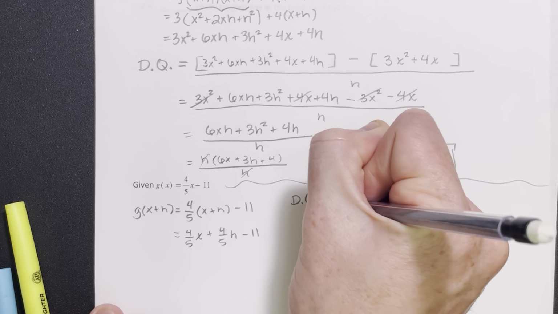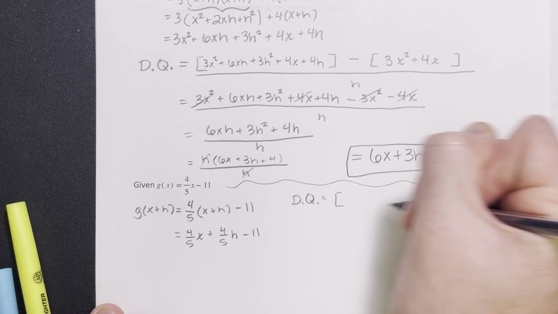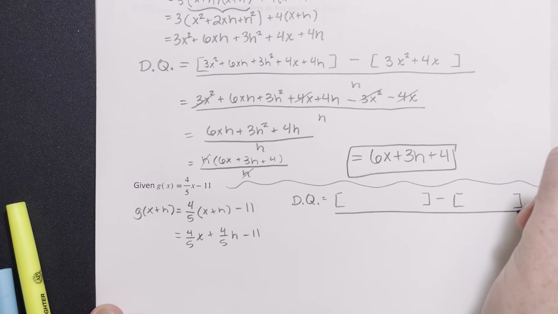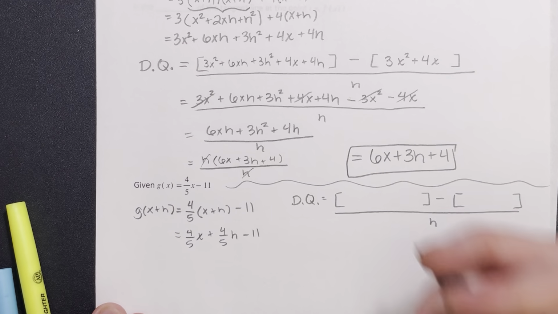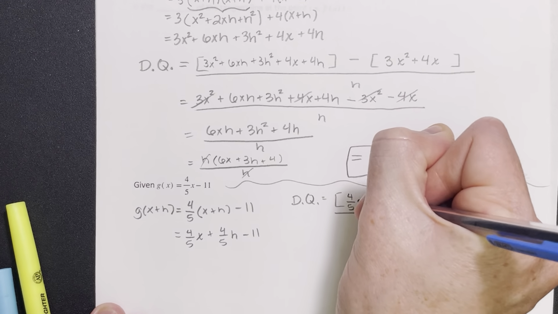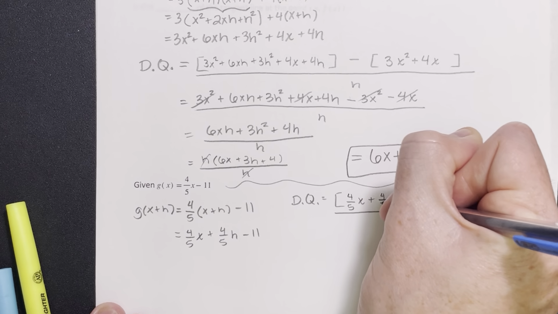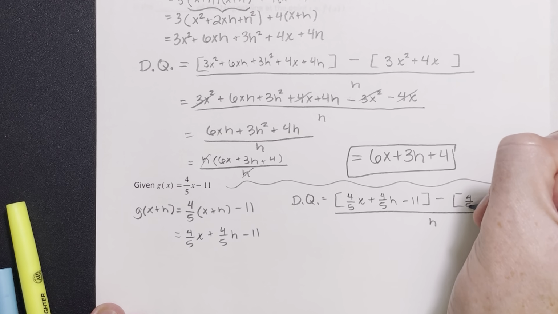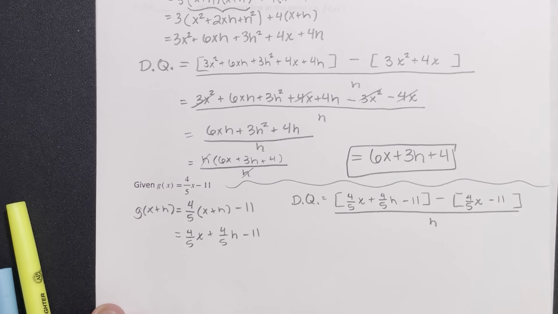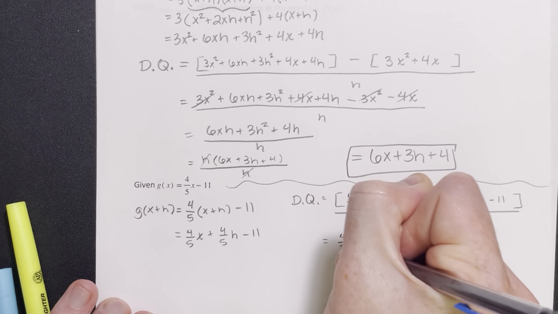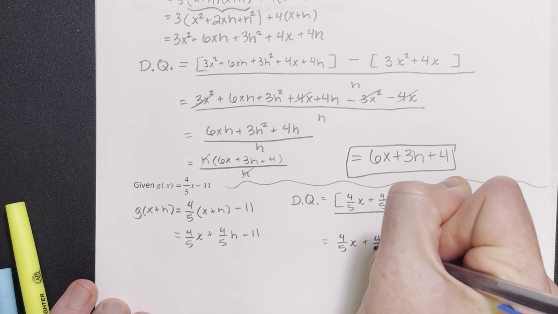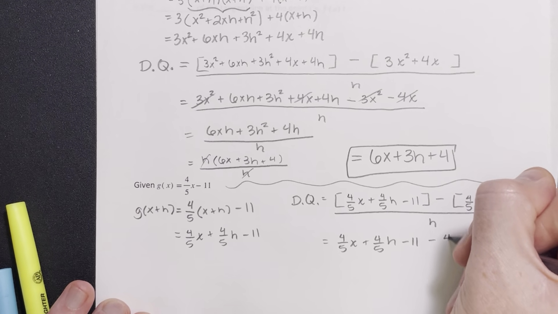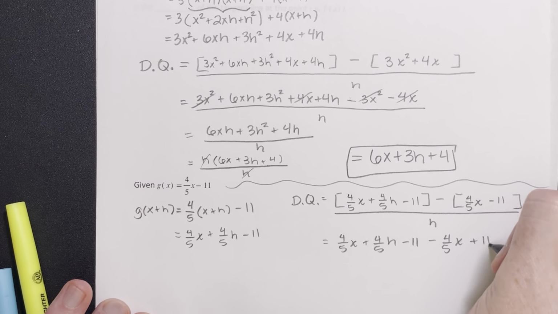So our difference quotient would be g of x plus h minus g of x all over h. If I put in the g of x plus h, that's 4/5 x plus 4/5 h minus 11. G of x was 4/5 x minus 11. And we simplify that numerator. That would leave me with 4/5 x plus 4/5 h minus 4/5 x plus 11.